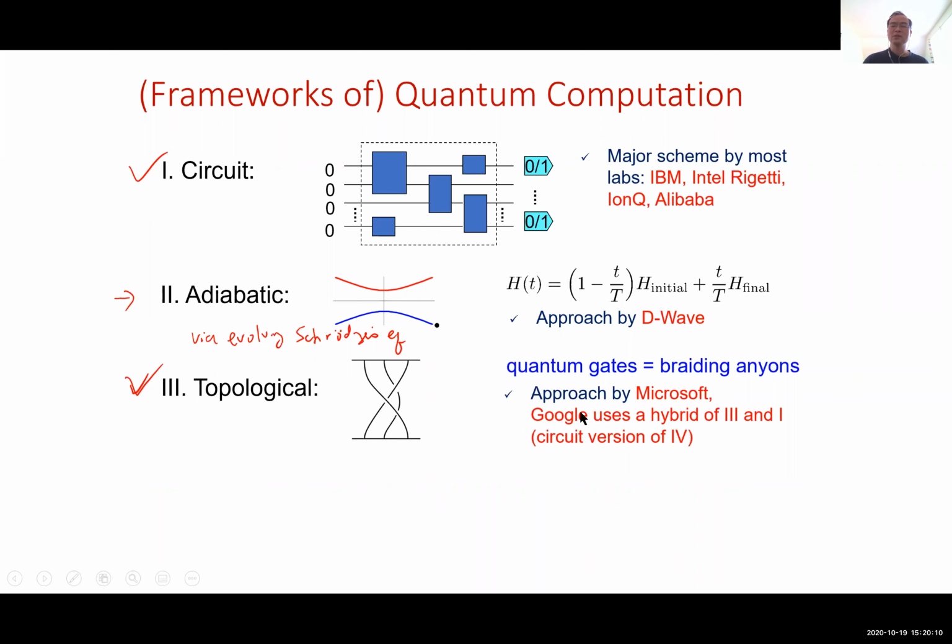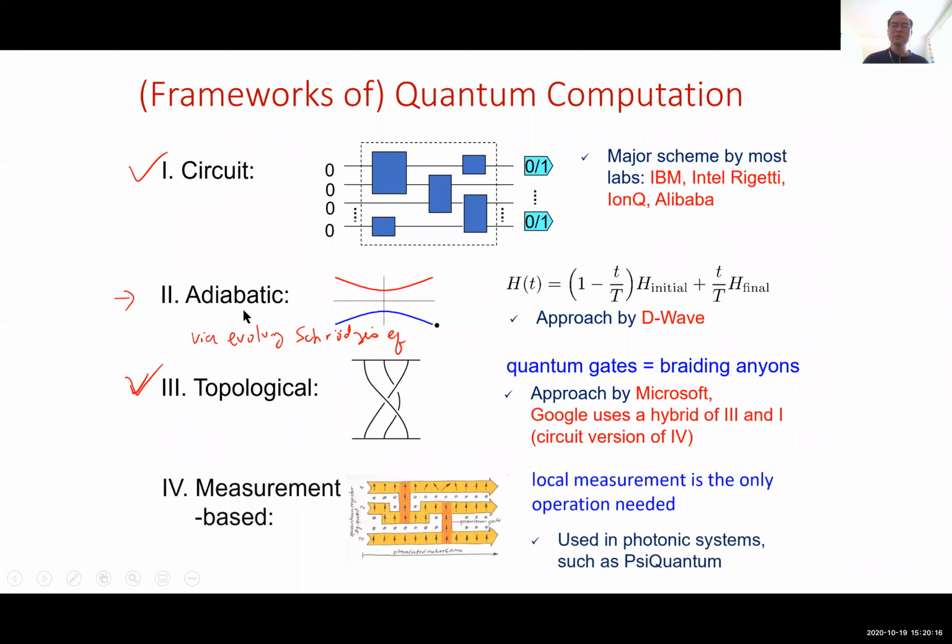Microsoft is betting on. And Google sort of uses some hybrid of 3 and 1, meaning that they're using surface code. So let me maybe put a tag here. Microsoft currently is probably betting on using anyons. Google is doing the surface code.